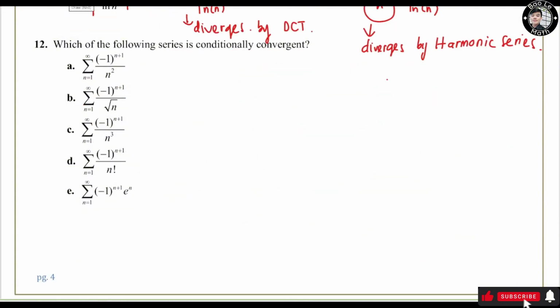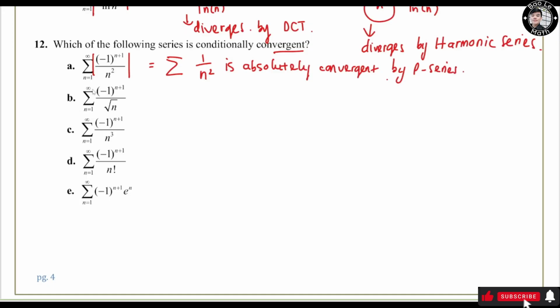Now question 12. Which of the following series is conditionally convergent? Alright. We're going to take absolute value of this one. So it's going to be the series 1 over n squared. This one is absolutely convergent by the p series test, right? Now question B. Take absolute value of this one. It's going to be 1 over square root of n, which is n to the power 1 half, right?